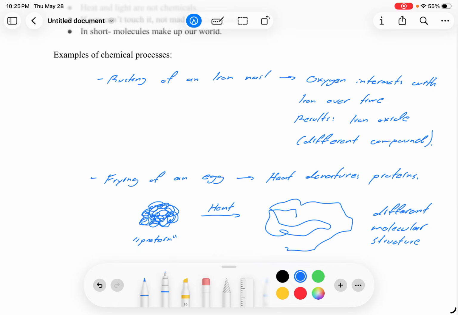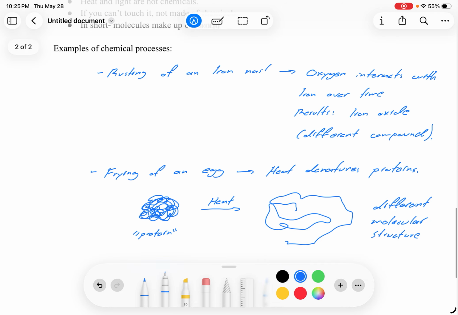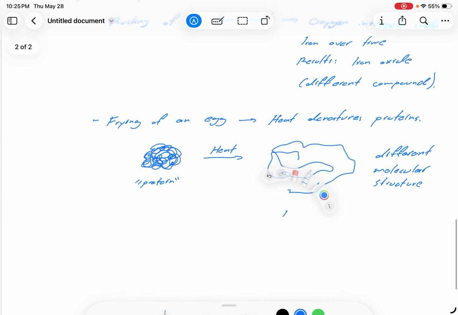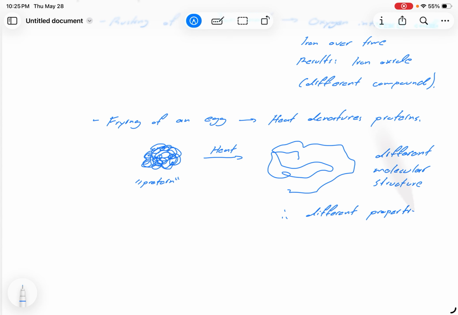So they unravel, and this is a different molecular structure, and therefore different properties. You will learn more about this when you study the differences of chemical and physical changes, like I mentioned before.